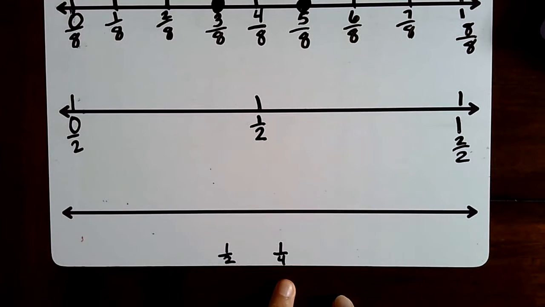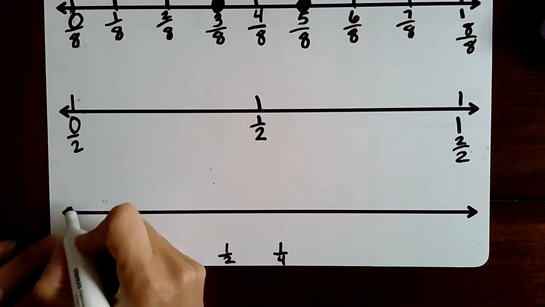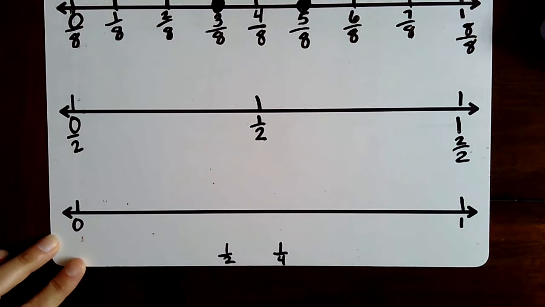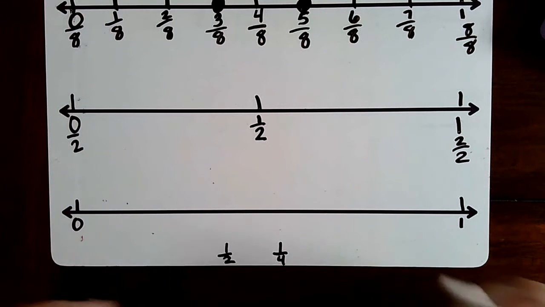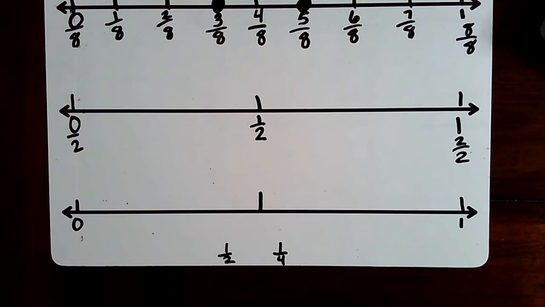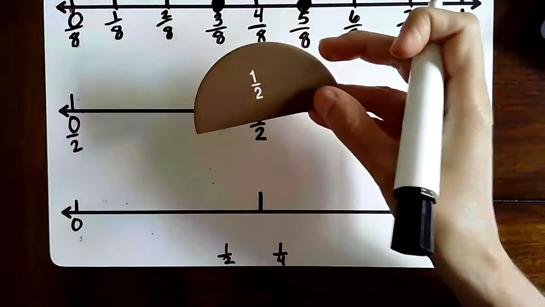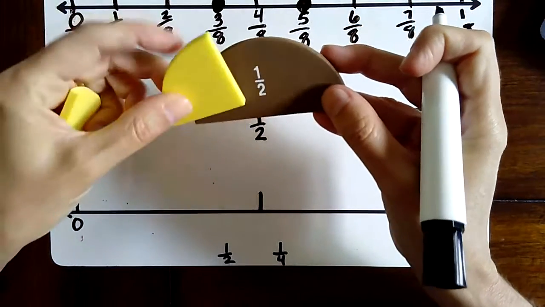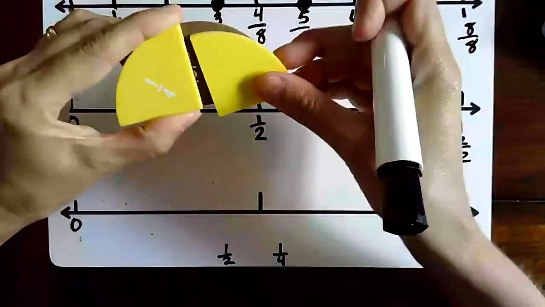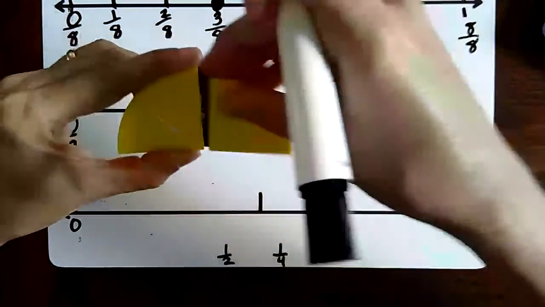Now for the 1/4 on the bottom number line, we're going to label our 0, our 1, and to divide it into fourths, we'll start with half because we remember that a fourth is half of a half. If you have a half and you split it into 2 parts or divide it equally, 2/4 is the same as a half.